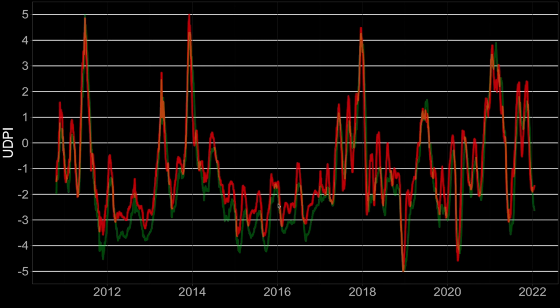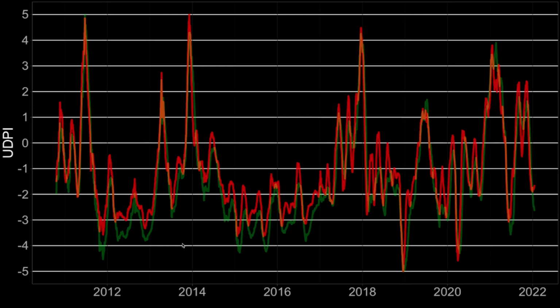So if we look back here in 2012 and 2013, we see a very low level of risk on the long-term chart, a little bit higher most of the time on the medium term. And then this next phase between 2015 and 2017, a similar kind of pattern played out.